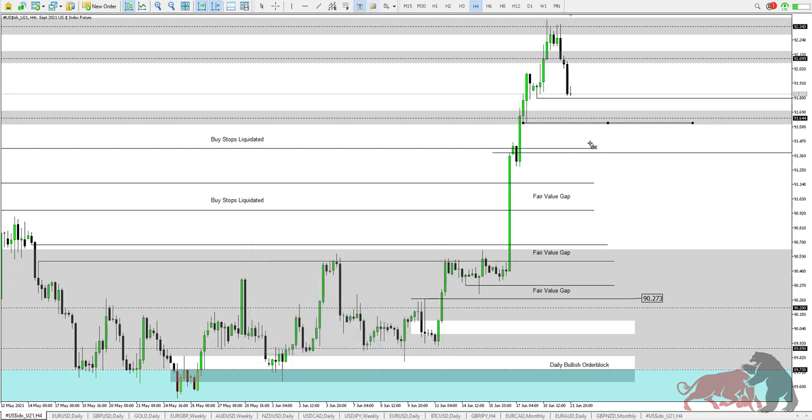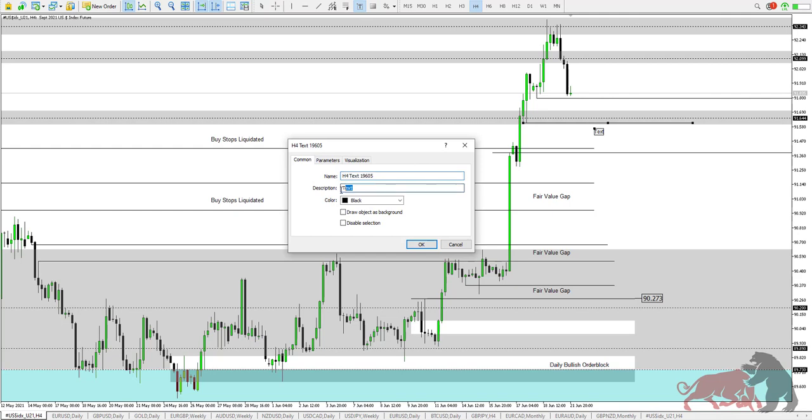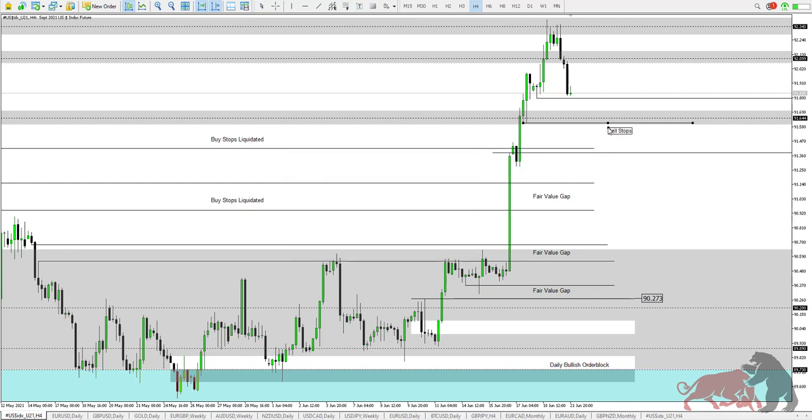We've got sell stops right here, and those sell stops are coming in inside our fair value gap on the daily time frame. You see, we've got a liquidity pool of sell stops right here, so expecting this market to drop, take out these sell stops before we could rally to the upside, or we could go as far as this bullish order block here, right?